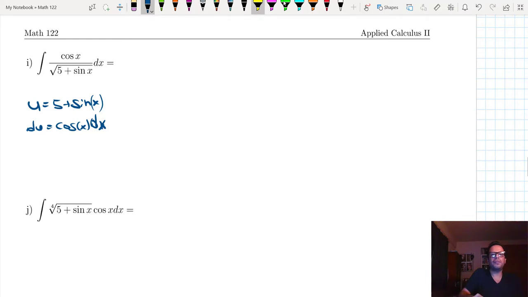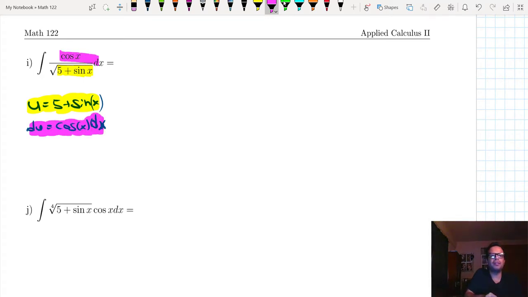All right, so let's do the substitution here. Okay, so notice in this case we don't need any factors to compensate anything, right? So let's set u to take the place of 5 plus sine x, right? And du to take the place of cosine x dx, right?